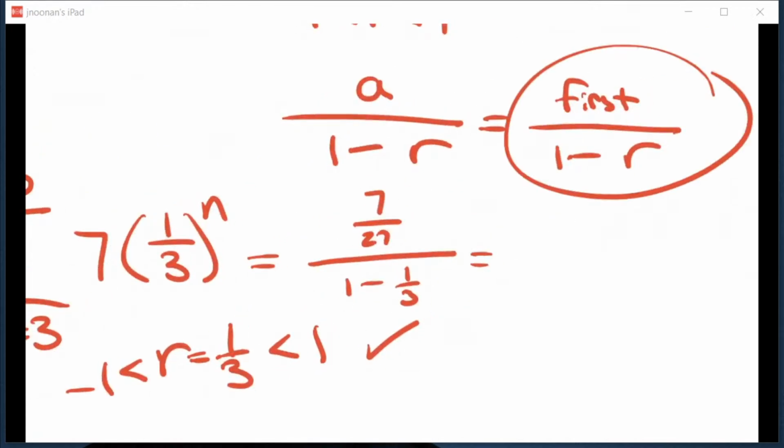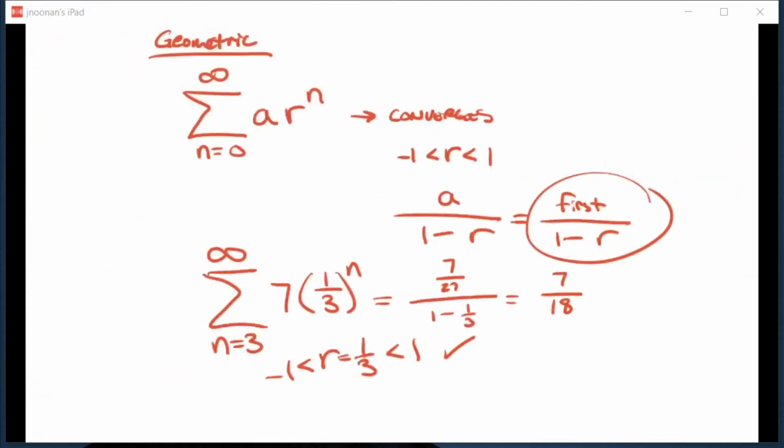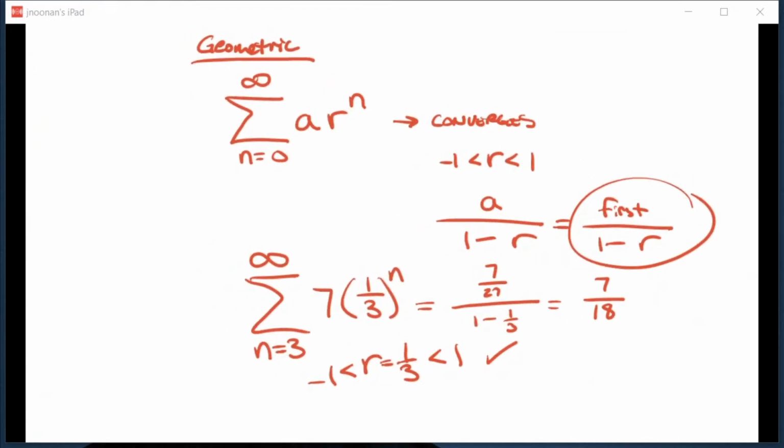What does that work out to? 2/3 on the bottom, flip this over, and you get 7/18. The final answer. So just a quick reminder that the geometric series converges when r is between -1 and 1, and diverges otherwise.